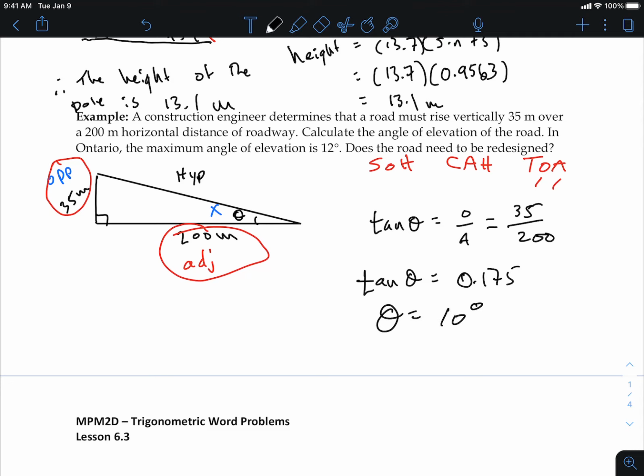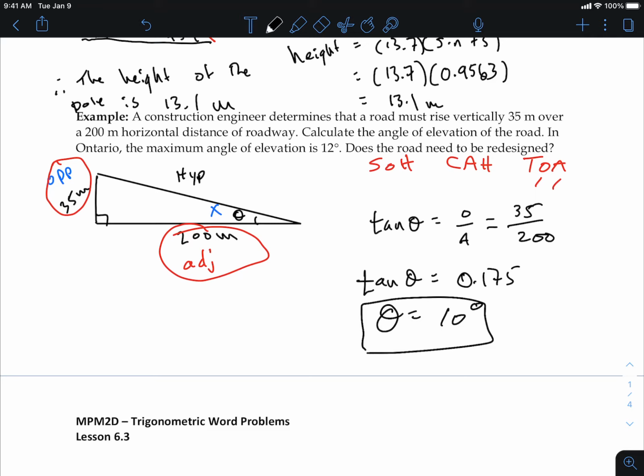So let's relate it back to our problem here. The maximum angle of elevation is 12 degrees. Does this road meet the requirements under these conditions? Yes, right? Because 10 degrees is less than 12.